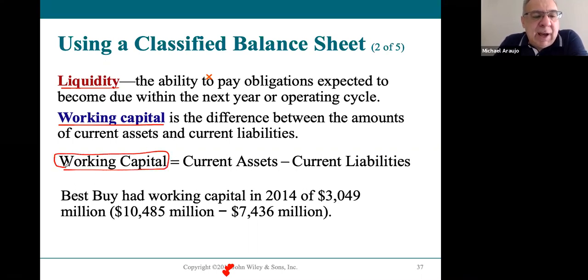That's cash available to the company over and above its current debt. So for Best Buy, that had 10 billion in current assets and 7 billion in current liabilities, they actually have working capital of 3 billion. So they have access to a lot of extra money short term to help them do other things.